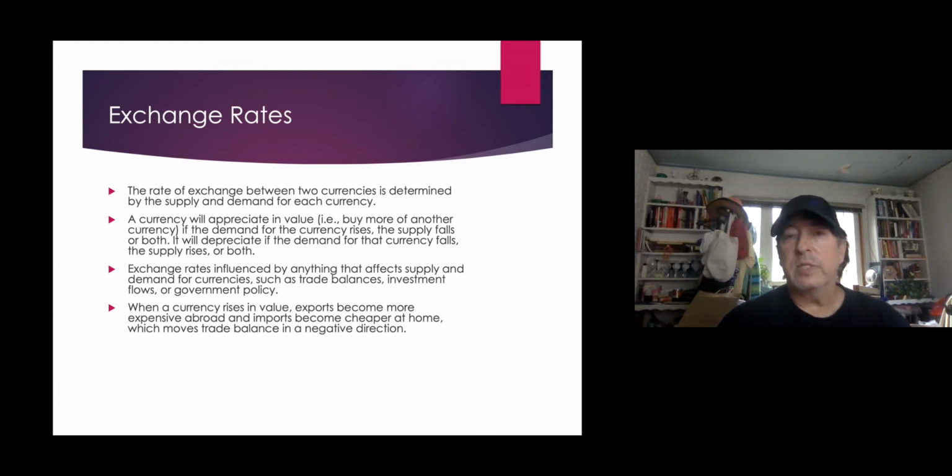Now, one of the consequences of a currency rising in value: if the dollar rises in value, $1 will buy more yen today than it did yesterday. Well, if that's the case, then American exports become more expensive when they're sold abroad, and imports from other countries become cheaper when they're sold in the United States.